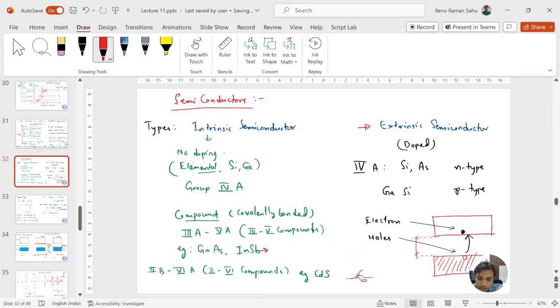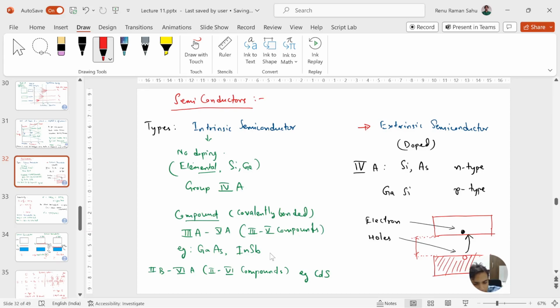Germanium is also an intrinsic semiconductor, but can you call it an intrinsic semiconductor compound by itself, or is it a 2B-4A compound? Germanium is an intrinsic semiconductor, no doping needed.